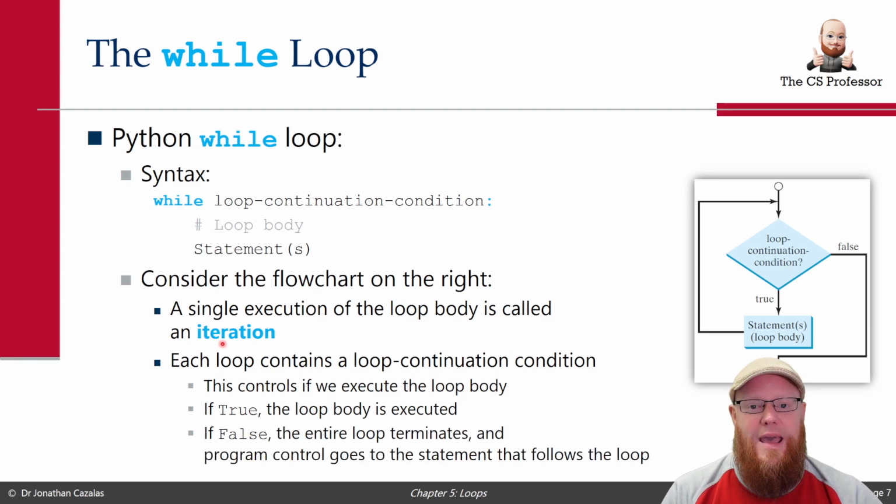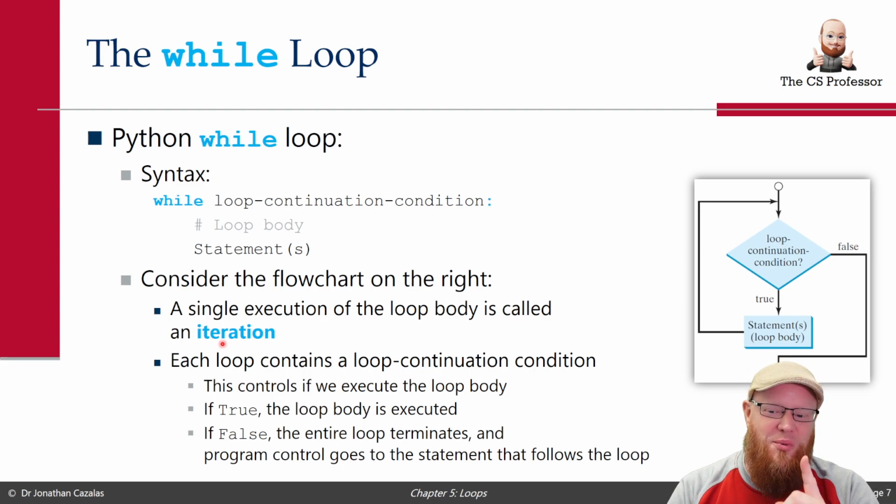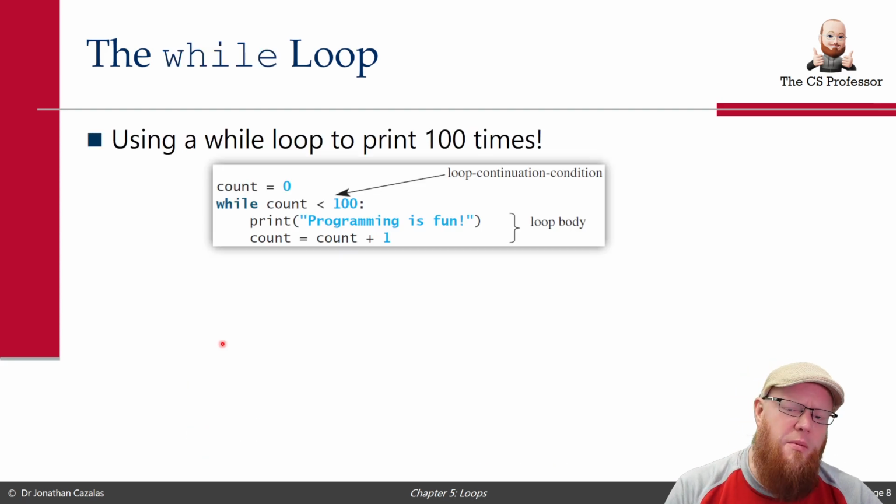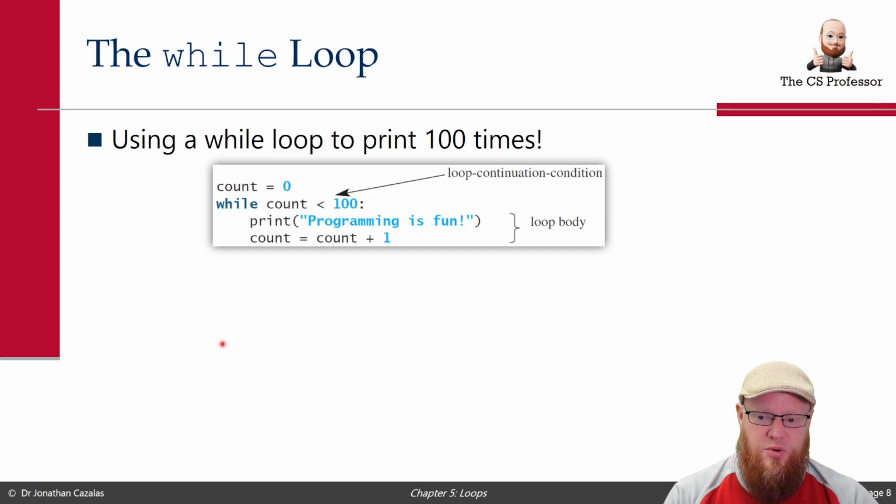As mentioned, a single execution of the statements inside the body of the loop, that is called an iteration. One iteration is, you could say, looping a loop one time is one iteration. So here, coming back to this example, using a while loop to print something 100 times.